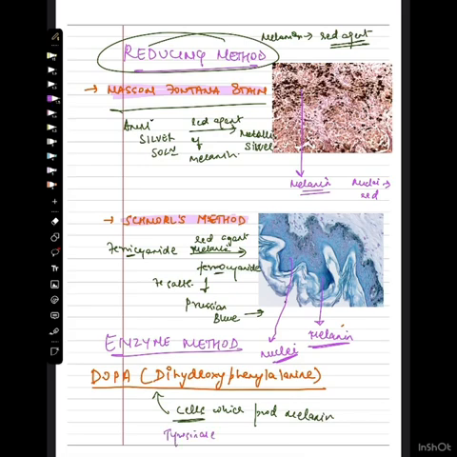Now this tyrosinase will oxidize DOPA, or dihydroxyphenylalanine, to form an insoluble brown-black pigment. So tyrosinase of the cells will oxidize the DOPA to form a brown-black pigment, and that will highlight the melanin.